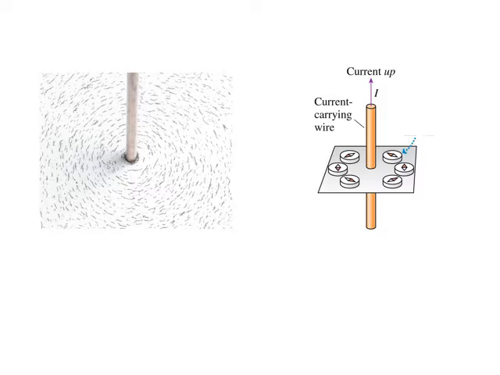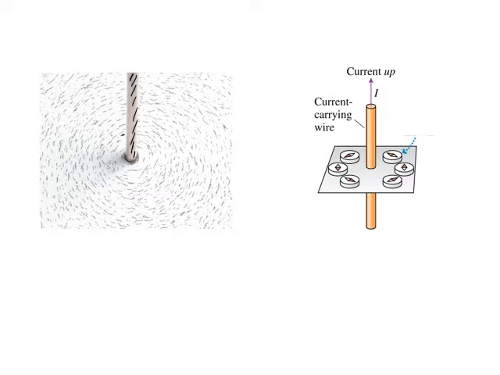Oersted, of course, experimented with that until he figured some stuff out. So, one thing he discovered is that the magnetic field around a current carrying wire made big circles around the wire. What I've got here on the left is a 3D image. So, we have a wire that's supposed to be going straight up, and it's stuck essentially through a piece of cardboard that has iron filings on it.